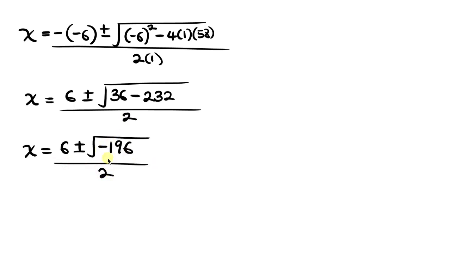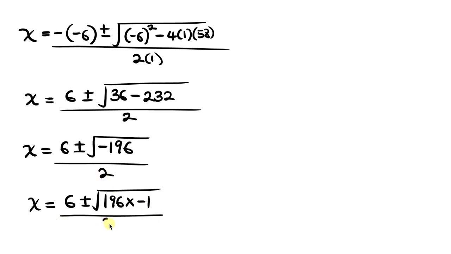Now we're going to be simplifying this. So this is x equal to 6 plus or minus, well, the square root of negative 196 is same as 196 times -1. So all over 2.